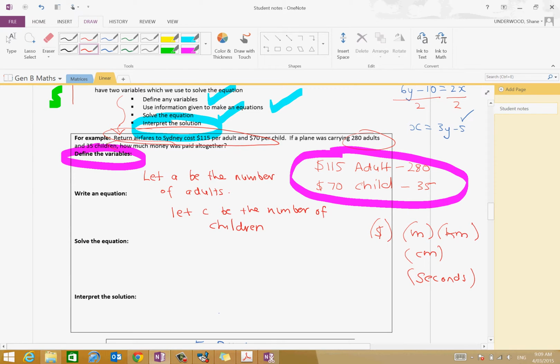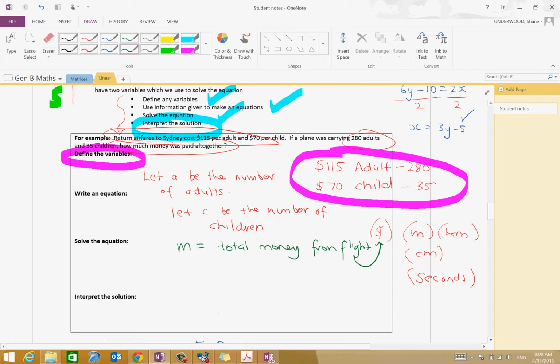Now it says here how much money was paid altogether. We could actually declare another variable, and we could let M be equal to the total money from the flight. And that, of course, is in dollars. So you would write that in brackets next to it.